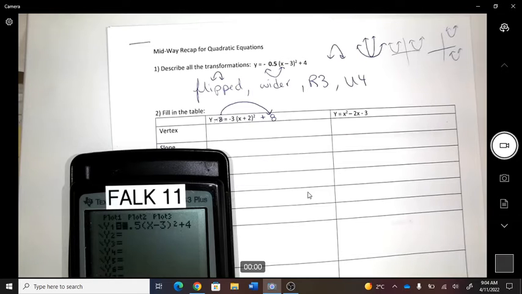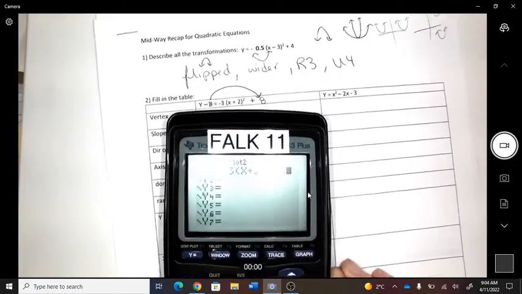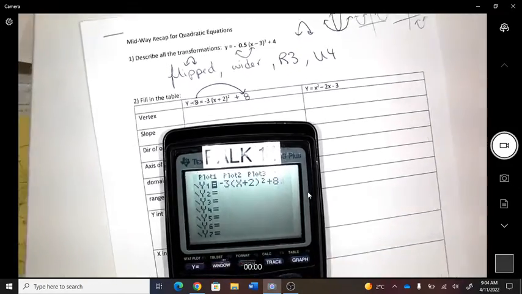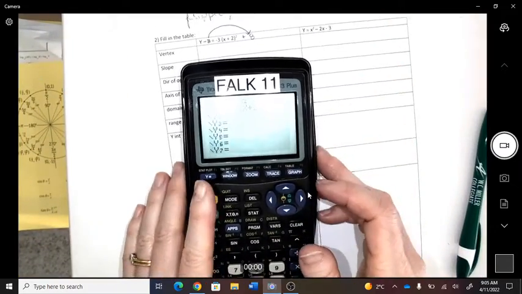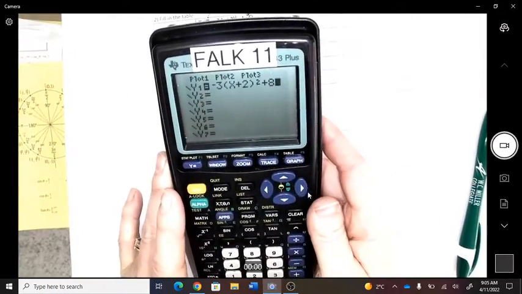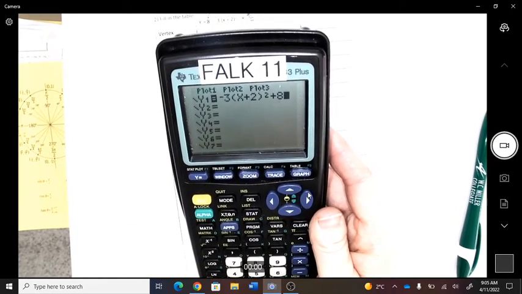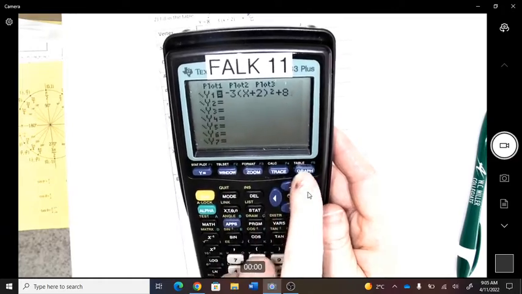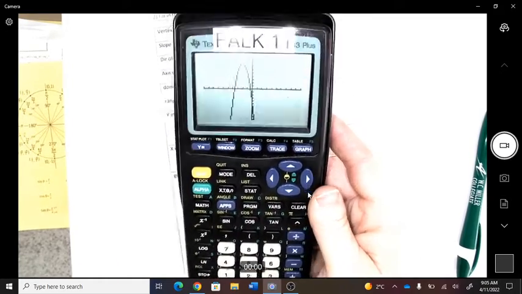Okay, now I can type that in. Okay, that looks good. Ready, and we're going to graph. I can see it. All right.